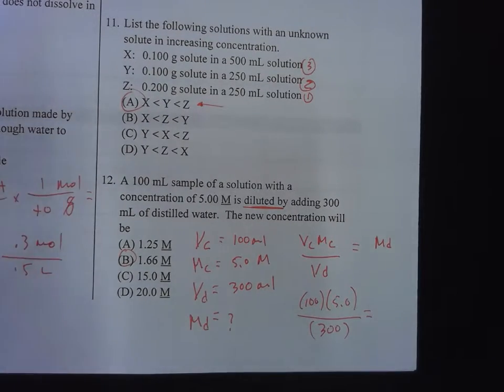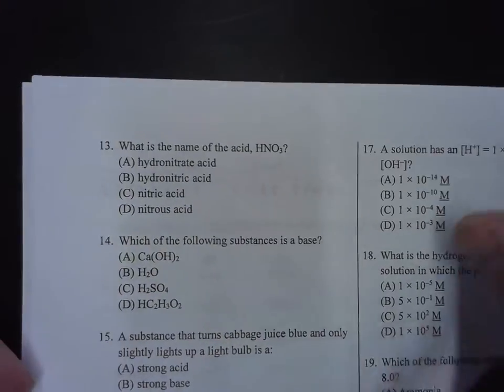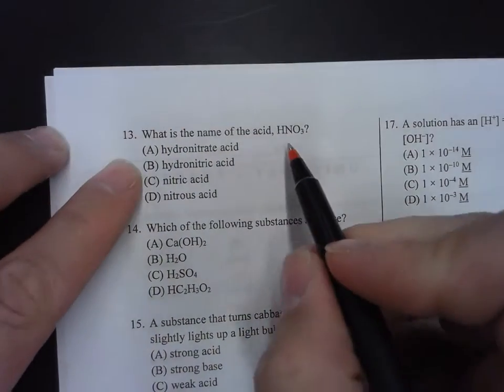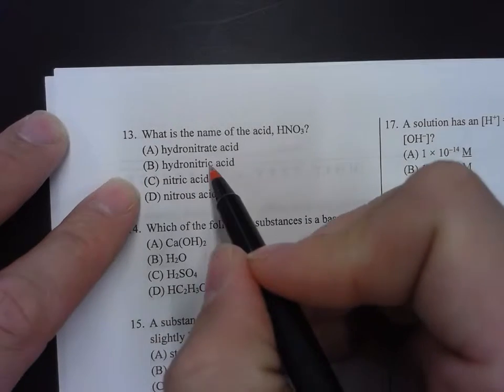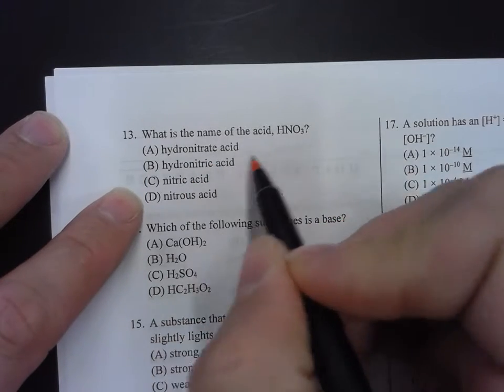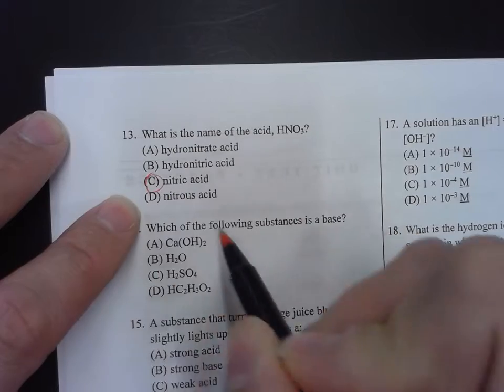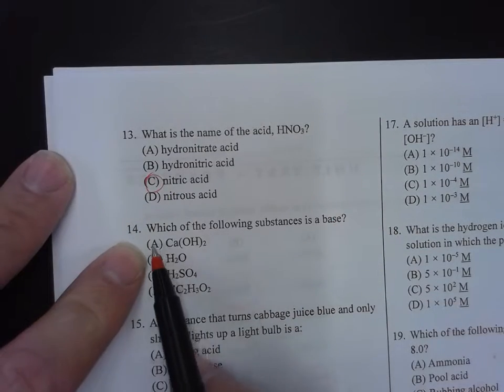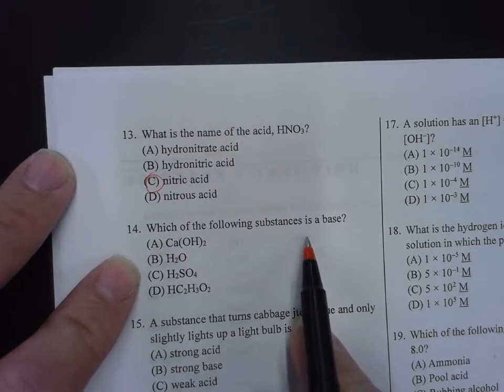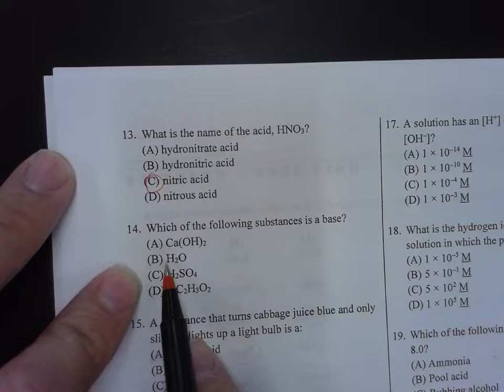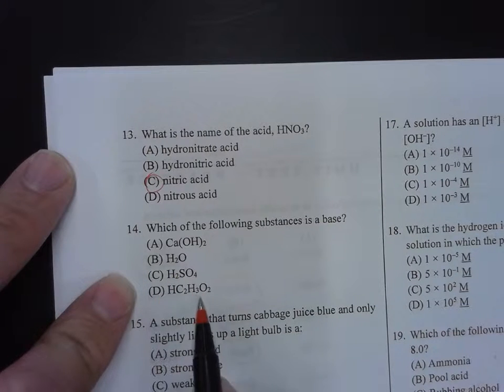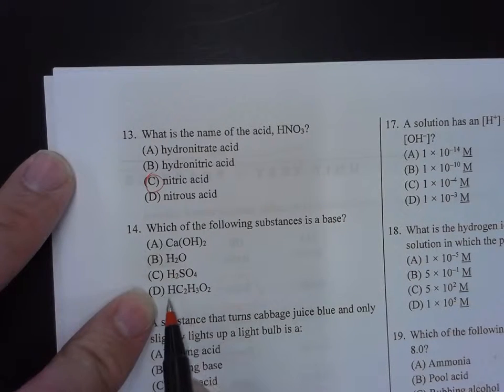Letter B is your answer. Number 13. What is the name of this acid, HNO3? You should know that. It's nitric acid. Which of the following substances is a base? Calcium hydroxide, H2O, H2SO4, and HC2H3O2.